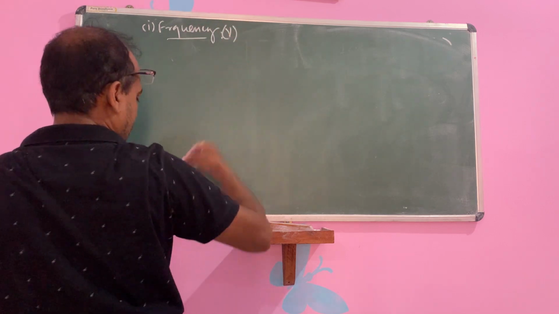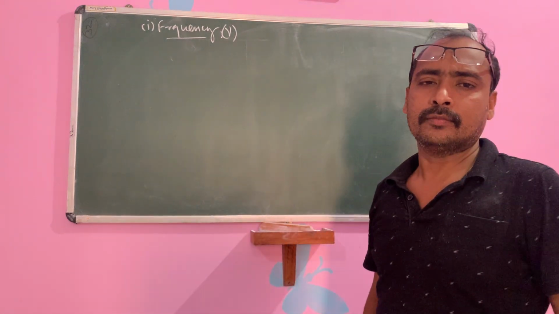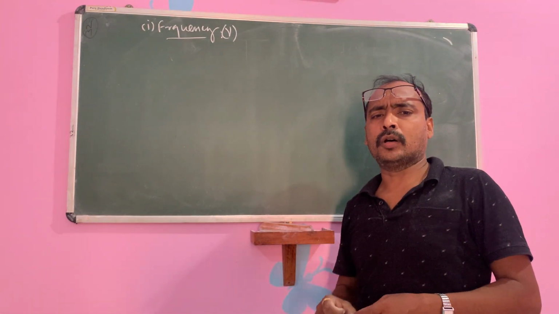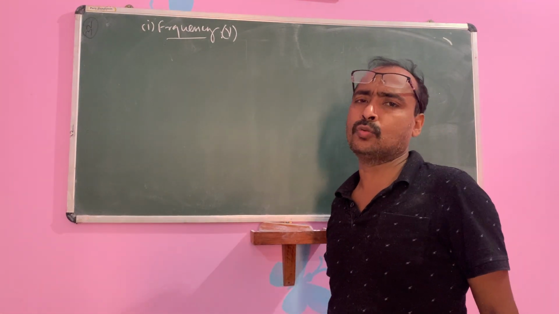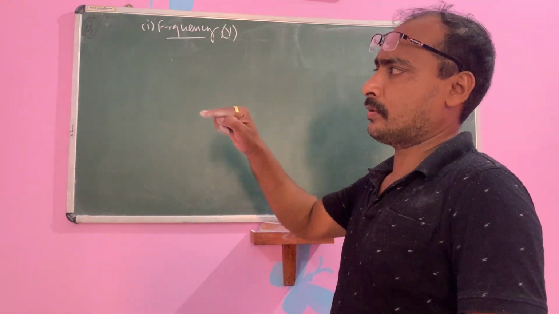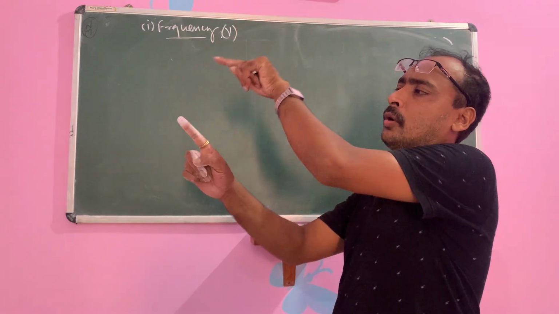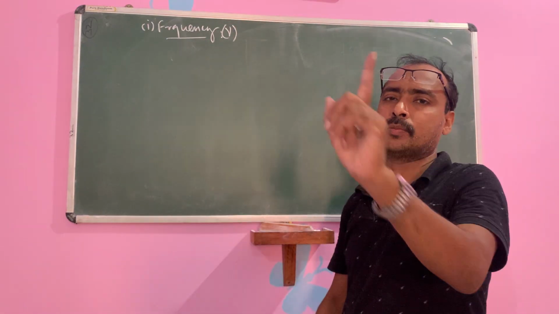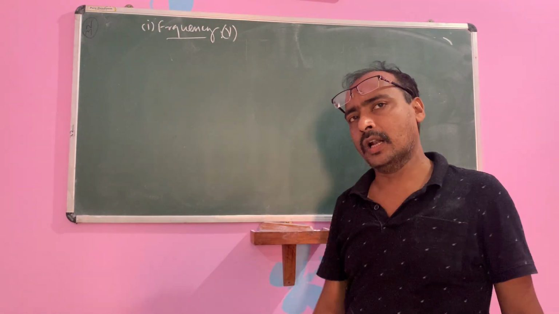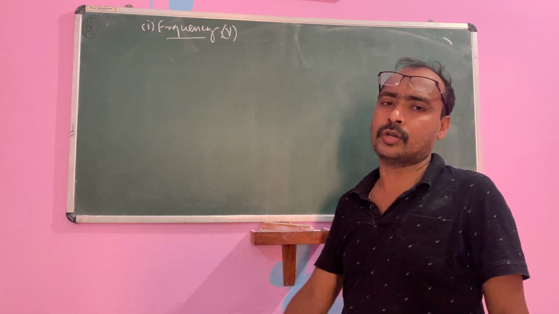The symbol, you know, children, is your nu. Frequency is the number of waves passed through a point in 1 second. That is known as frequency. If the number of waves increases in 1 second, then frequency will be more.